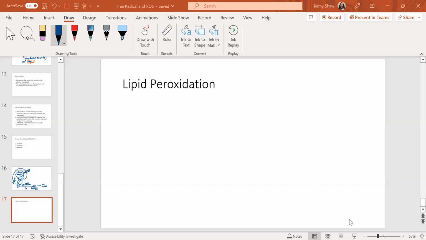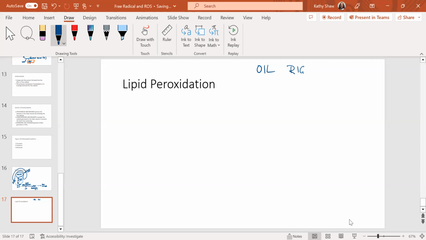So those reactive oxygen species hanging out in the middle are the molecules that are going to drive our lipid peroxidation. So we talked about oxidation and reduction. Oxidation is losing an electron, reduction is gaining an electron. So we're going to be oxidizing a lipid.